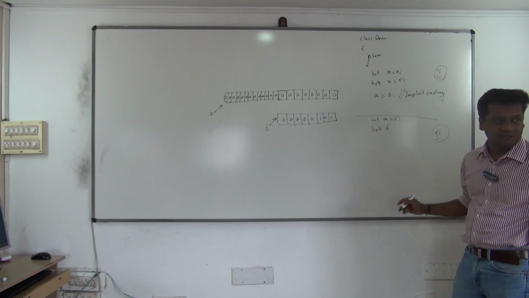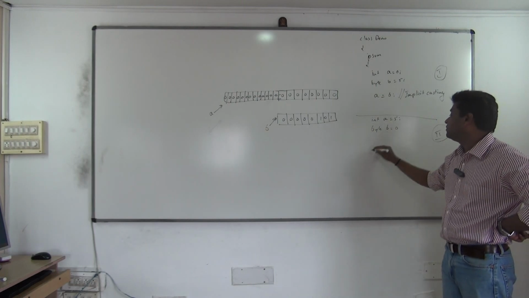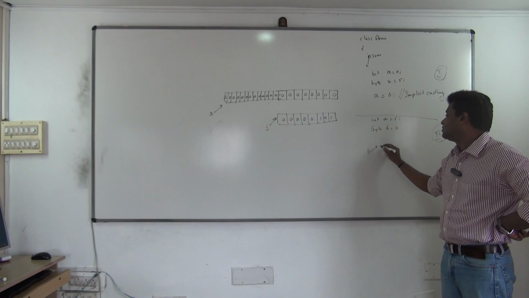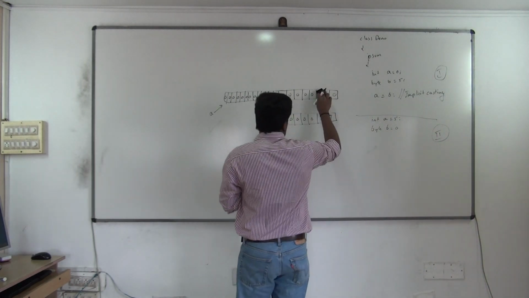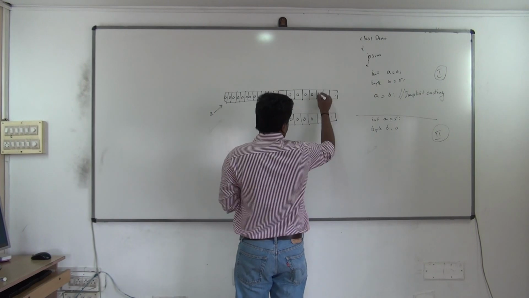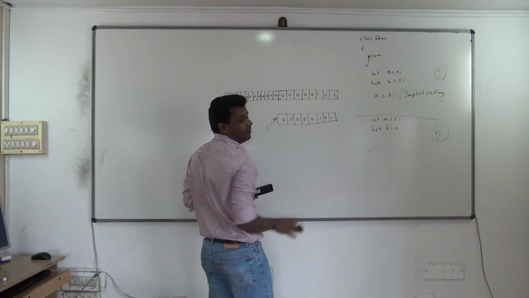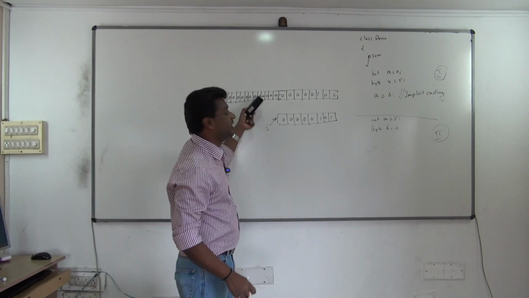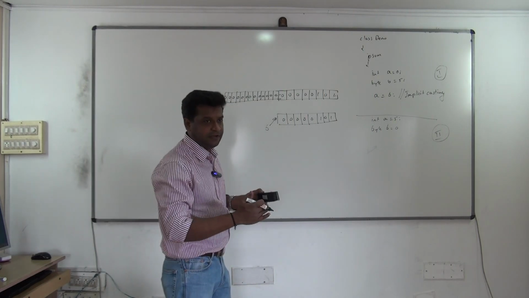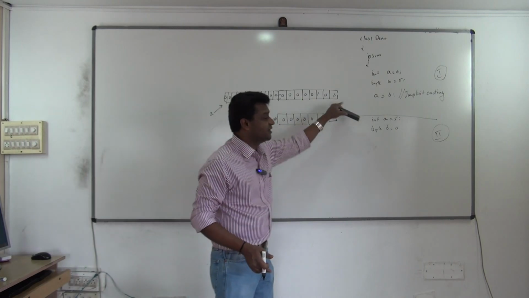So think of this as another program. Int A is equal to 5, byte B is equal to 0. Now the opposite, what happens? In the previous case, the value of B was getting stored here. So 8-bit can be stored in 32-bit easily. That means implicit casting will happen.